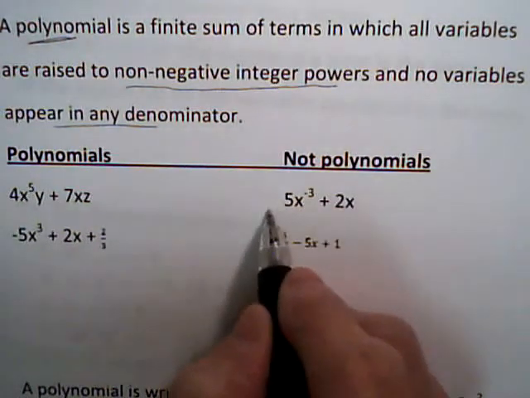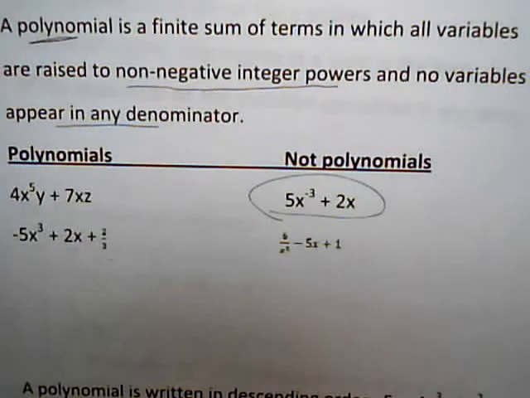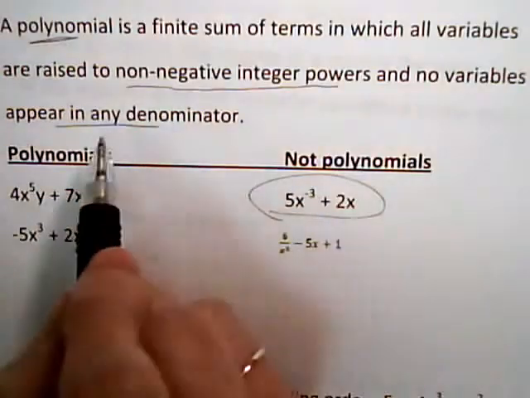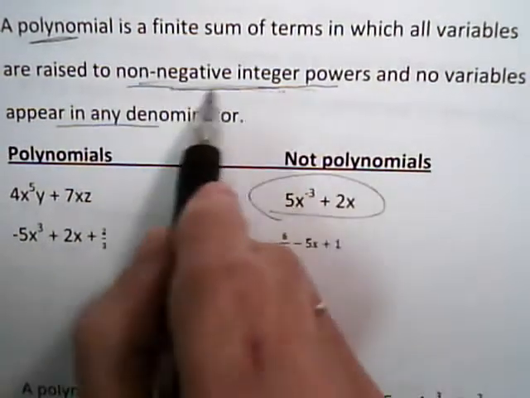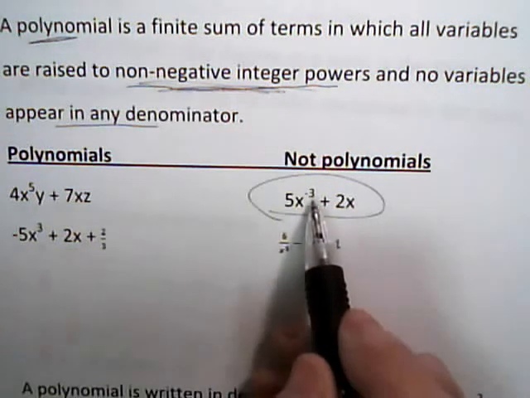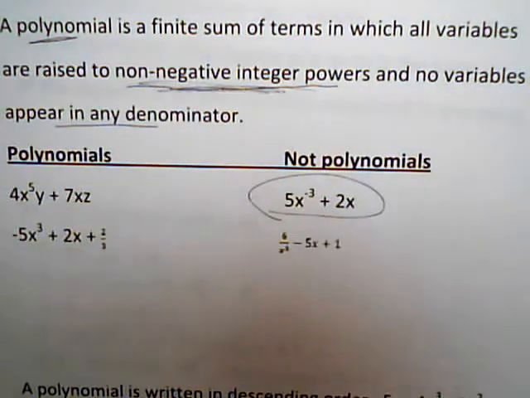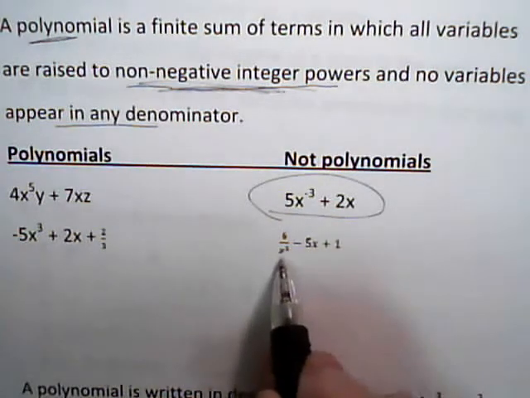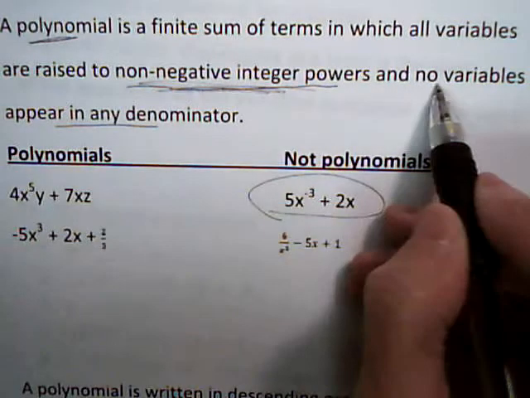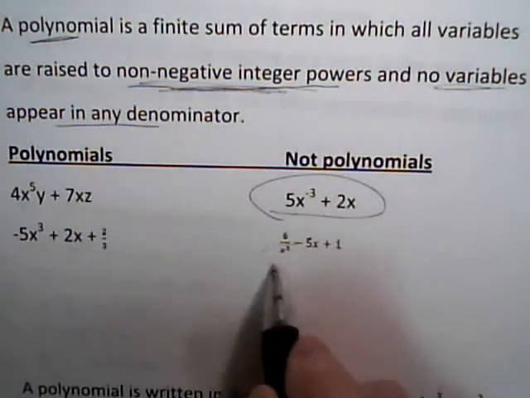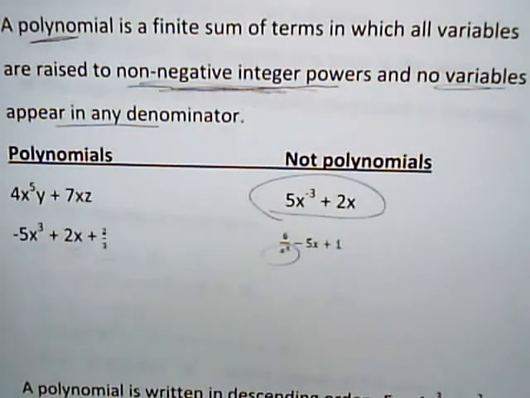Well, look at this one. What would make that not a polynomial? The non-negative integer power. You see the negative 3 power? That makes it not a polynomial. 6 over x squared. A variable in the denominator. So that's not a polynomial.